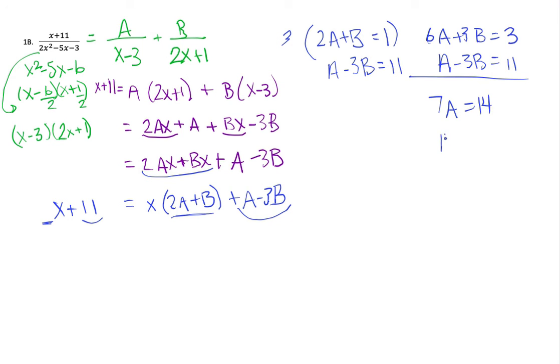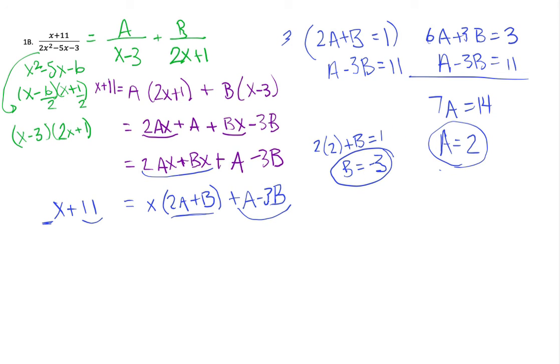It looks like a equals 2. And if a equals 2, then I'm going to plug it into that first one. So 2 times 2 plus b equals 1, minus 4, b equals negative 3. So a equals 2, b equals negative 3.